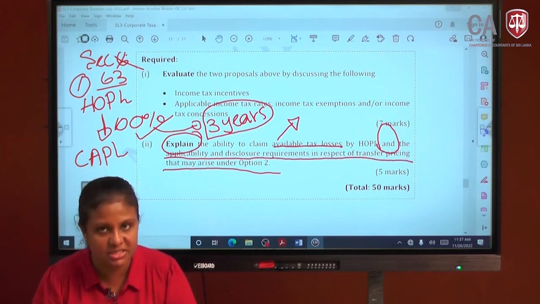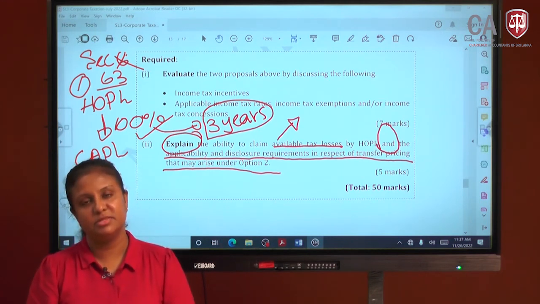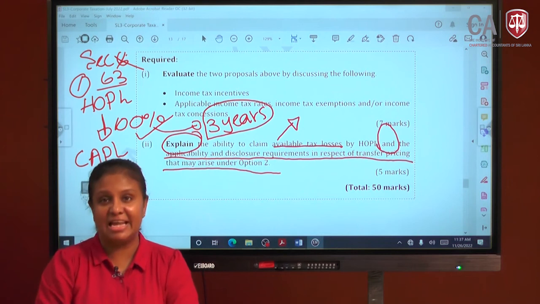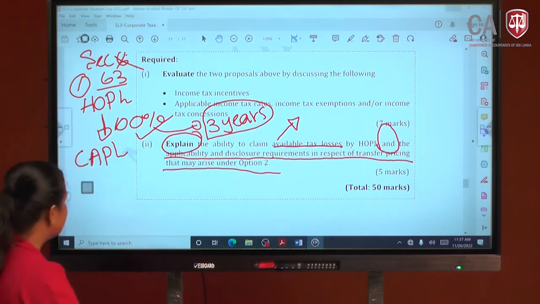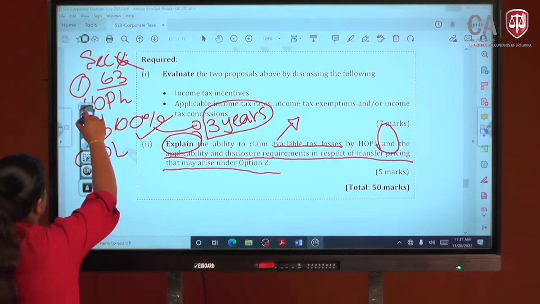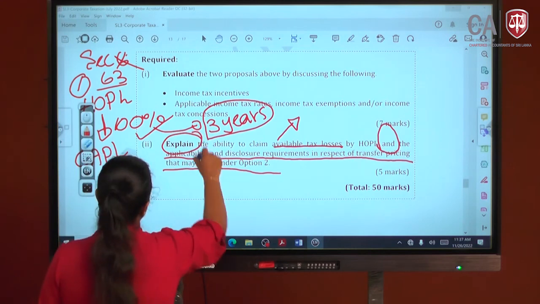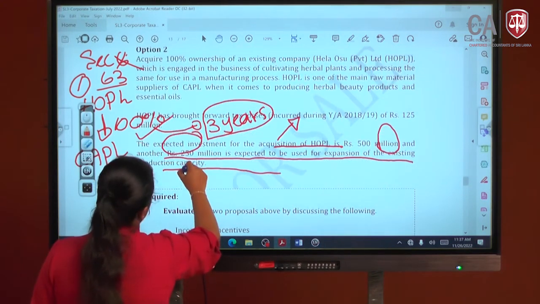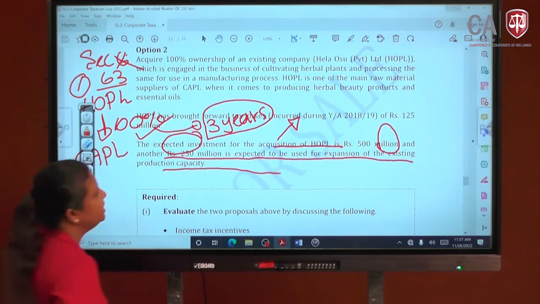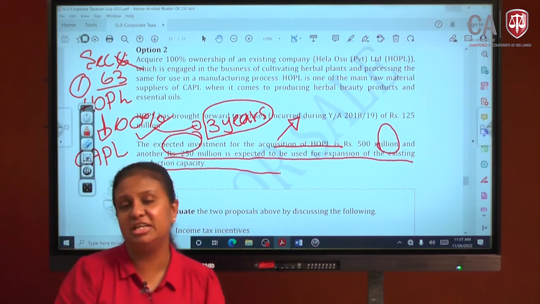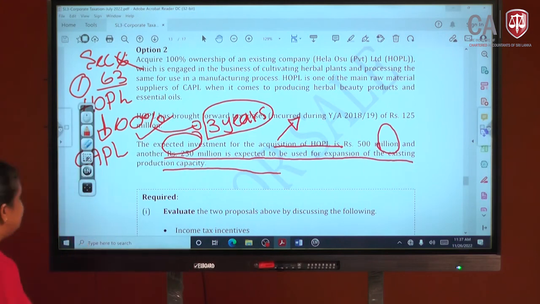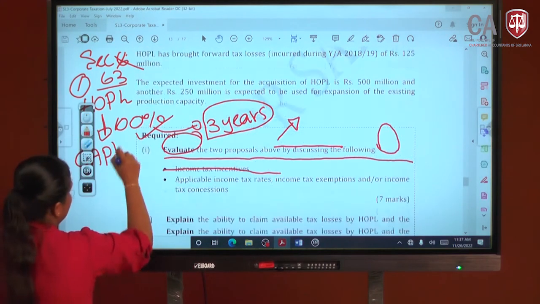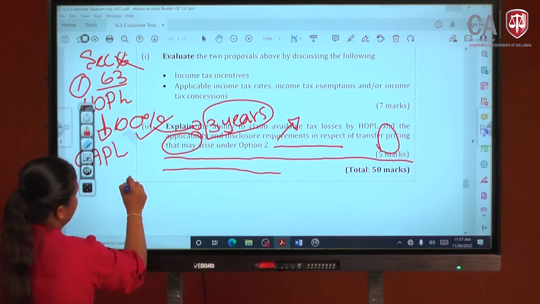And the question is, can we claim that business loss? In the question, it has given there is a business loss of 125 million. The question is, can we claim that? Yes, we can claim that. In which situation?